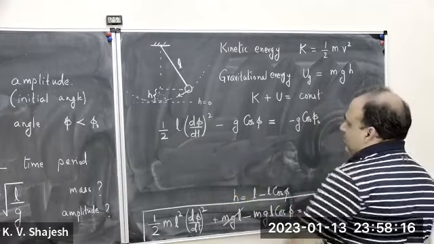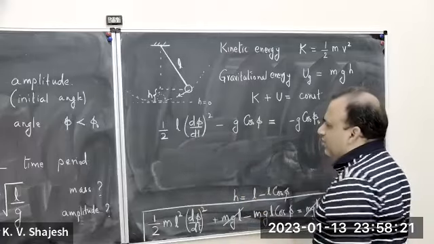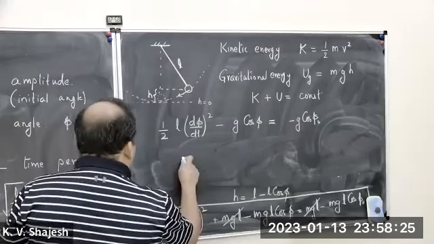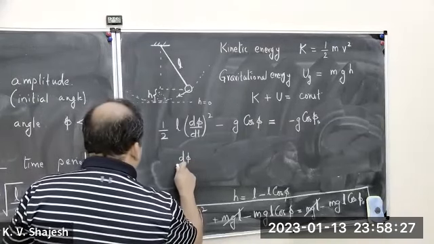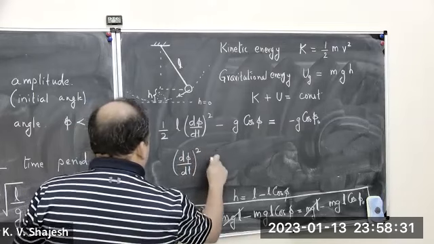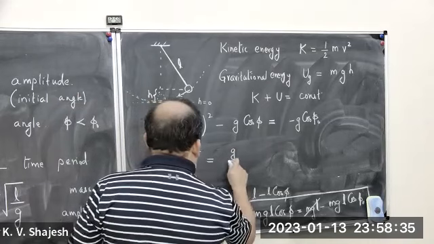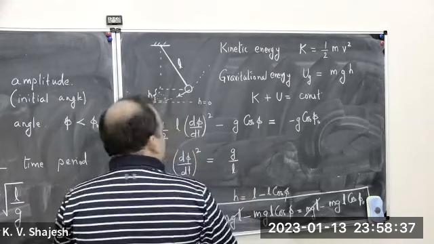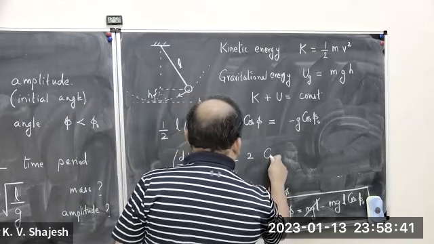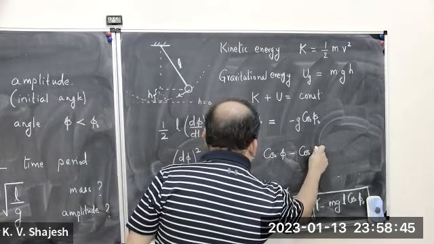Let me bring the angles onto the right side so that we have motion and angles on two different sides of the equation. I can write this then as d phi by dt squared is equal to g over L, times a factor of 2 times cosine of phi minus cosine of phi naught.